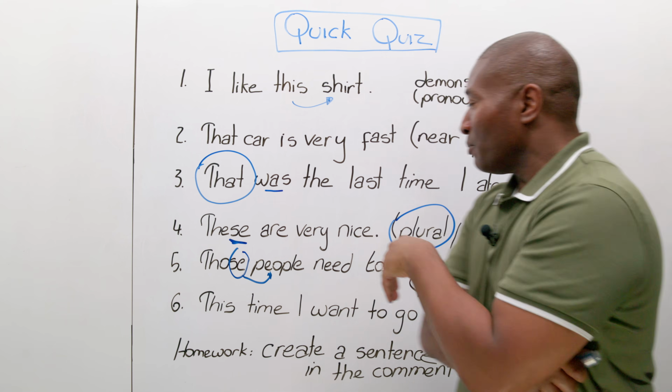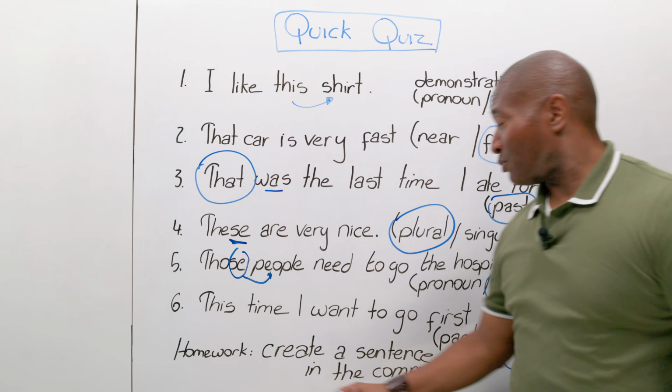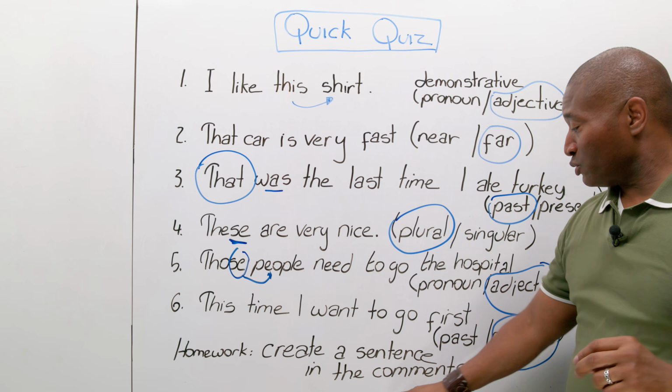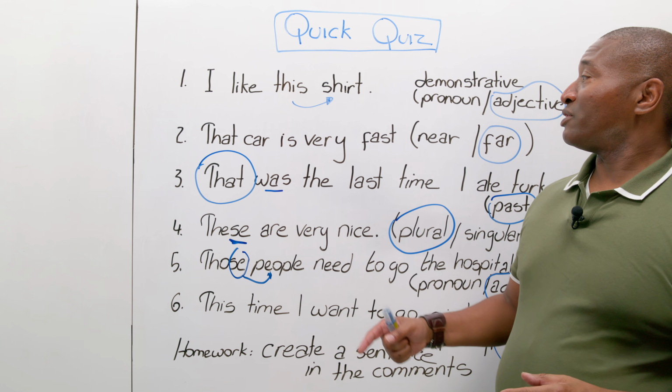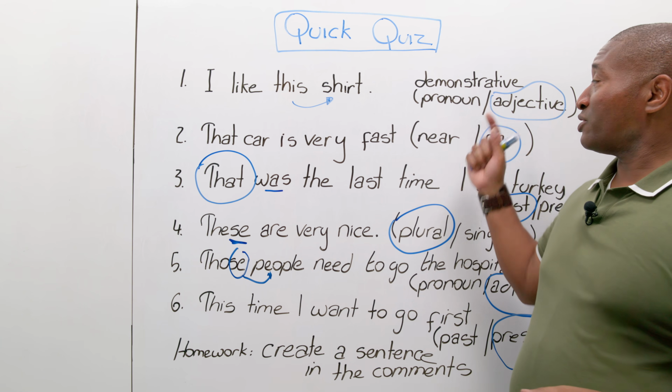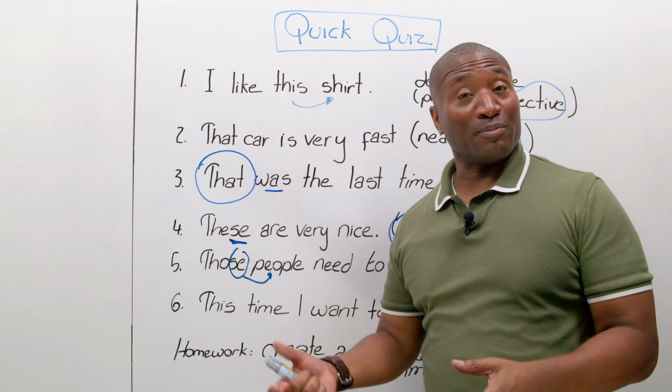Just look into it. But before you do that, I want you to join our little group, and I would like you to do some homework. So in the comments, I want you to write a sentence. And in this sentence, I want you to either do one that is going to demonstrate whether it's a pronoun or an adjective, if we're talking about past or present, if we're talking about distance or numbers.